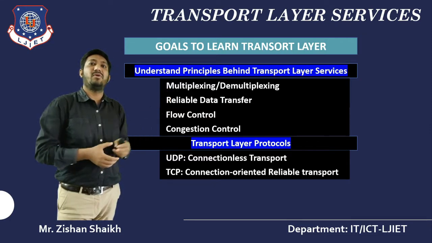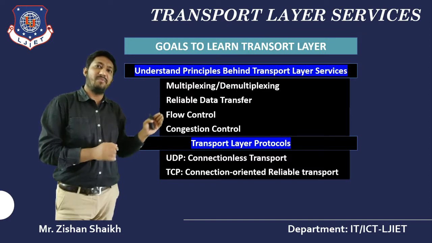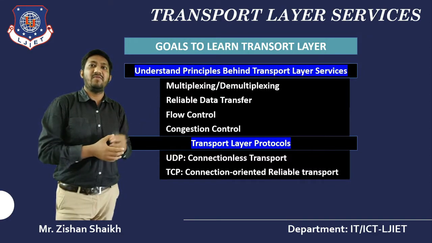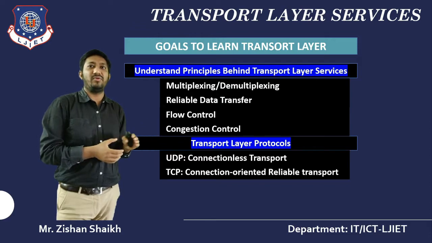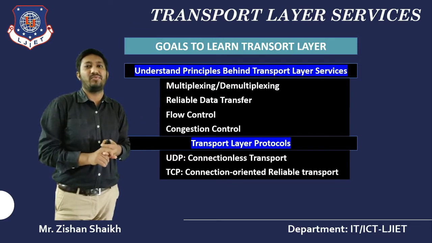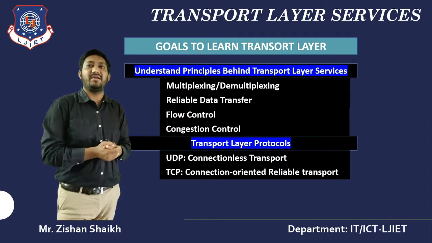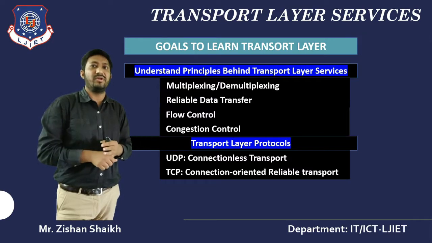The first process is multiplexing and demultiplexing. Then the concept of reliable data transfer, flow control, and congestion control. So these four characteristics are the identity of our transport layer. We will understand all these characteristics in detail in the later part of this unit.